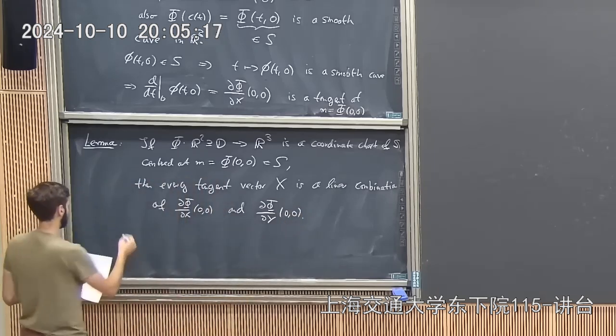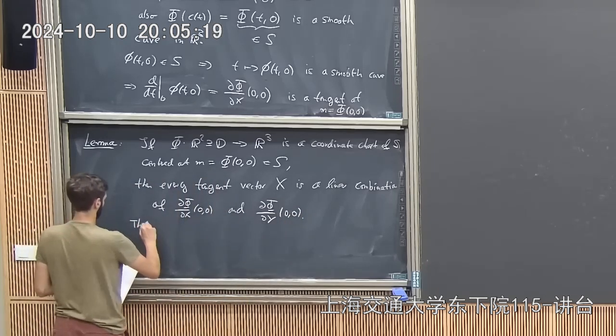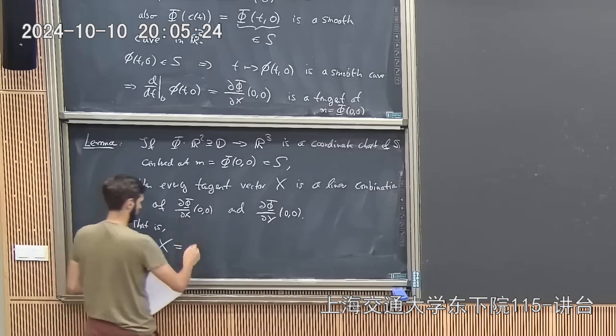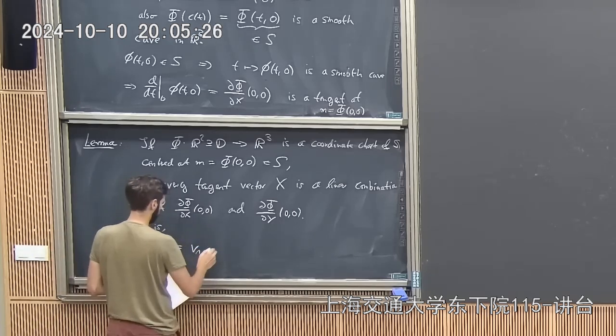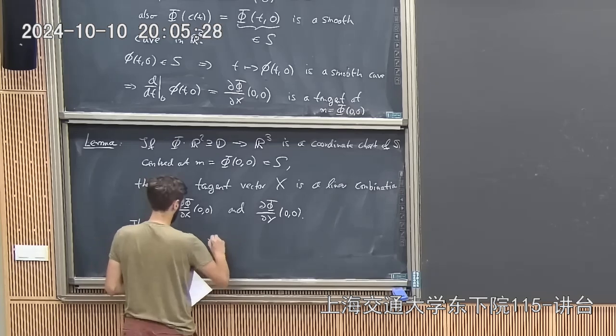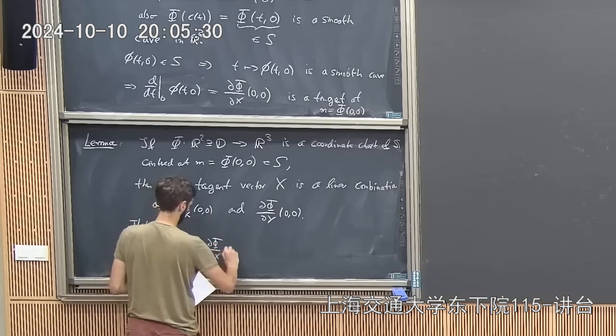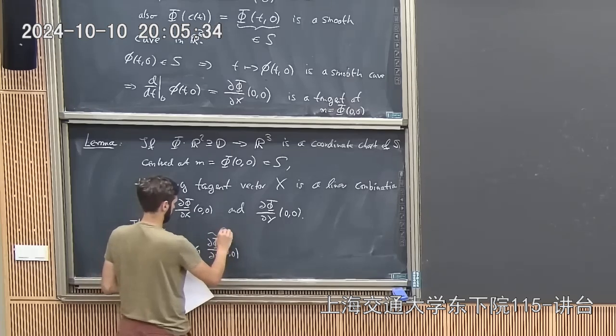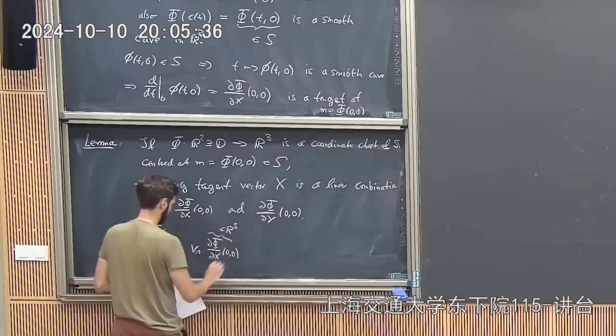And linear combination means that for every x you can write it as v1 times this vector plus v2 times the other. So we call this one a vector in R3.